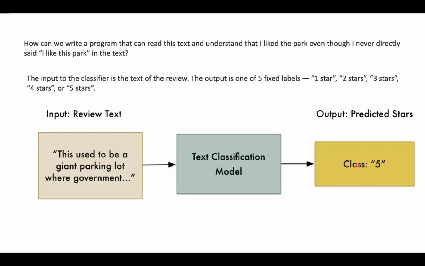If the classifier was able to take in the text and reliably predict the correct label, it means that it must somehow understand the text enough to extract the overall meaning of whether or not the individual liked the park. By seeing this sentence, how will a model identify that?